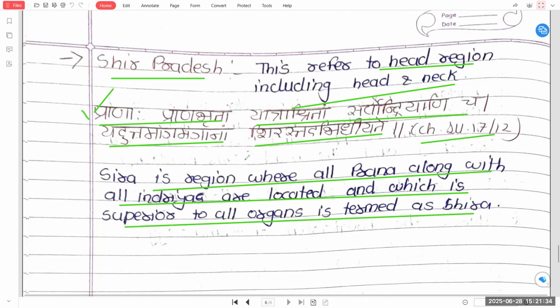Pranabhritam means the one having the pran. Yatra shritah means they are located in the head. Sarvendriyani, all the indriyas are located in the head. Yad uttamangam, uttam means the superior-most, the best anga is Shira. Tad abhidhiyate, so that is called the Shira region.